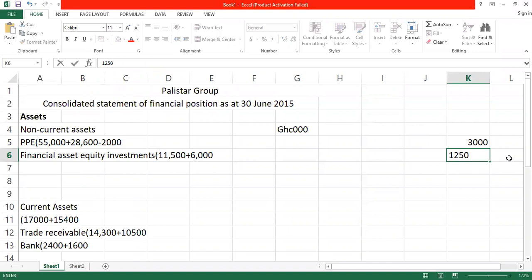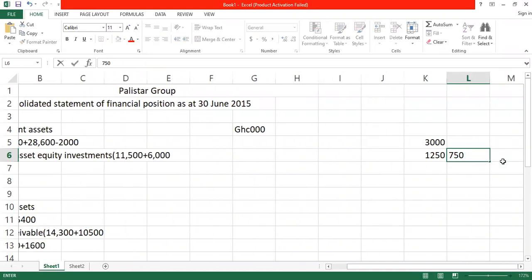But if we are now having 3,000, what should have been the depreciation that we should subtract? 750, isn't it? It means that they are still subtracting because we didn't adjust the accumulated depreciation subtracted from the figure. We only adjust the cost, which is the 5,000 to 3,000. And the depreciation has been subtracted before we got the 5,000.